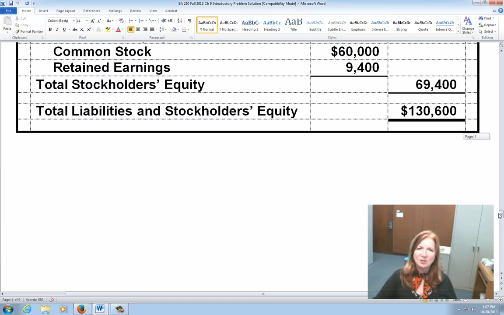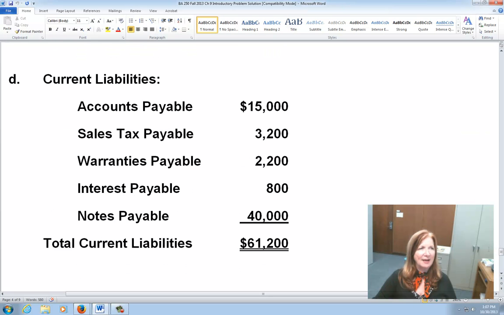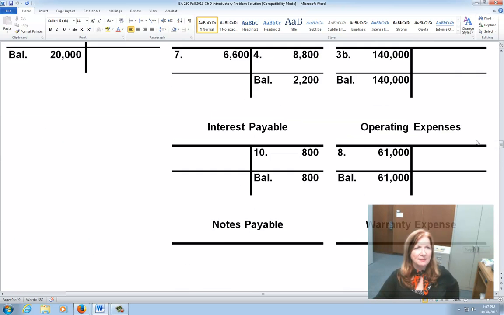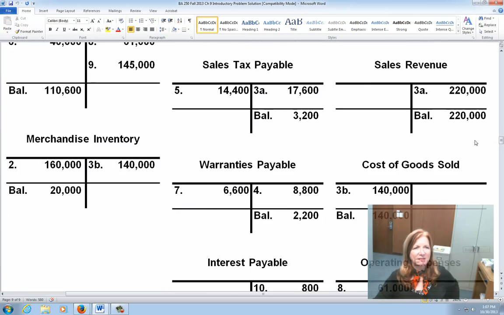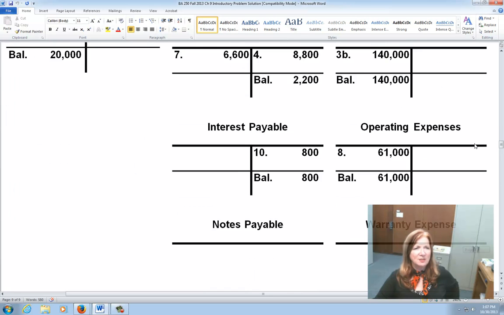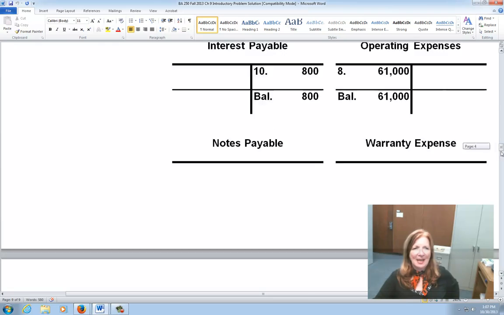The last question says, what's a schedule of current liabilities? So when I'm going to make up a schedule like that, I put whatever they're asking me to do at the top, current liabilities with a colon, and then I look at the T accounts or the trial balance, and I say, well, let's see, what do I have here? I have accounts payable, sales tax payable, warranties payable, interest payable, and that note.